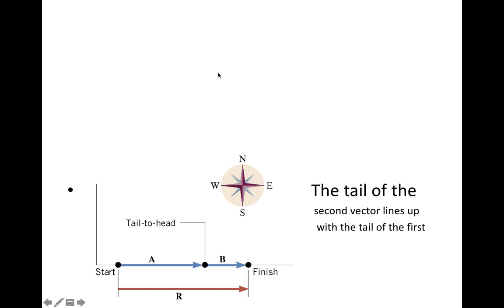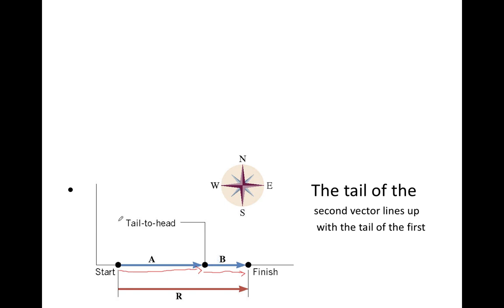So here's a diagram representing the addition of the two vectors. So we have vector A drawn here, and vector B is drawn next to it. It's in the same direction, so it's drawn in the same direction beside the first one.